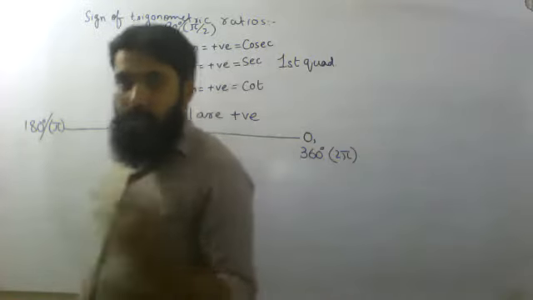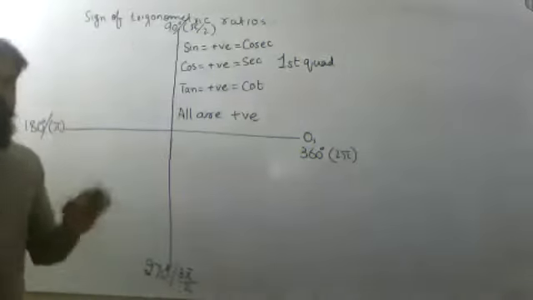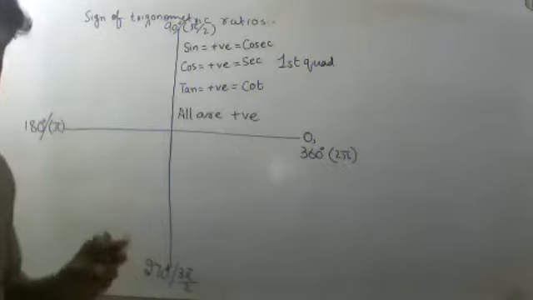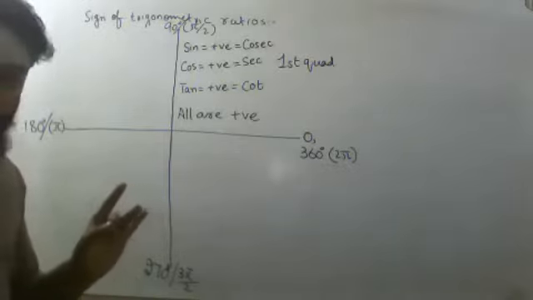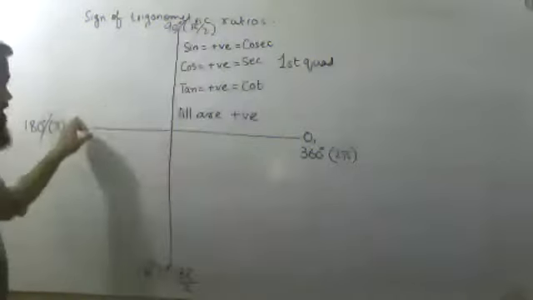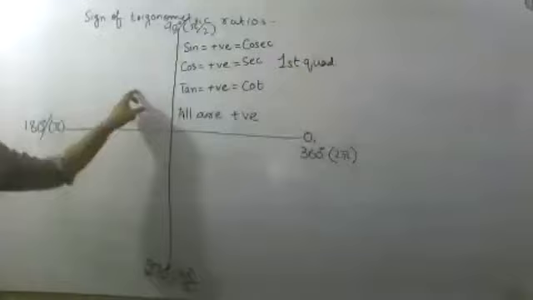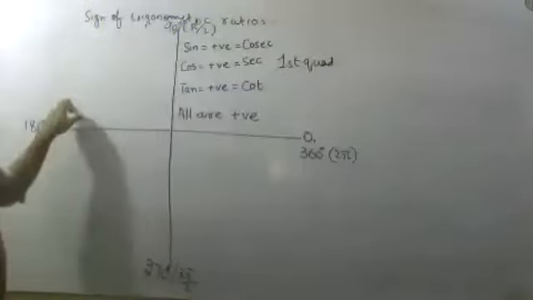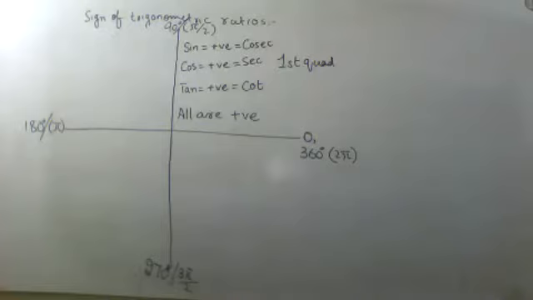Find what the sign of sine theta, cos theta, and tangent theta is when you select a value between 90 to 180, or pi over 2 to pi. Check what result is coming.